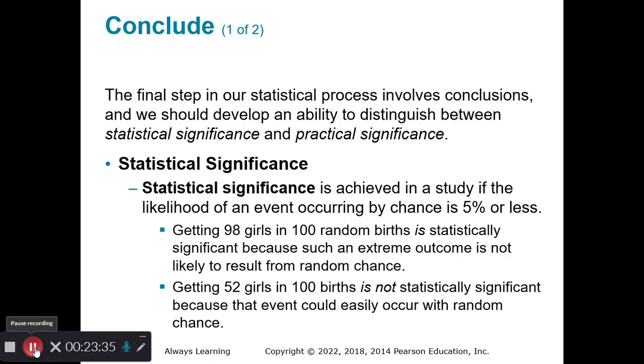So for example, if we have 98 girls out of 100 births, so 98 girls and 2 boys, after some number crunching, I think we're going to find that those are statistically significant results because having 98 girls and only 2 boys out of 100 births is not likely to come from chance alone.